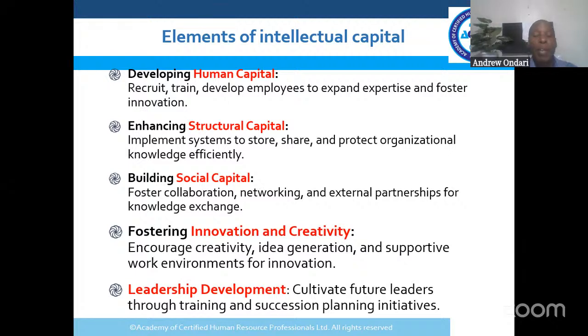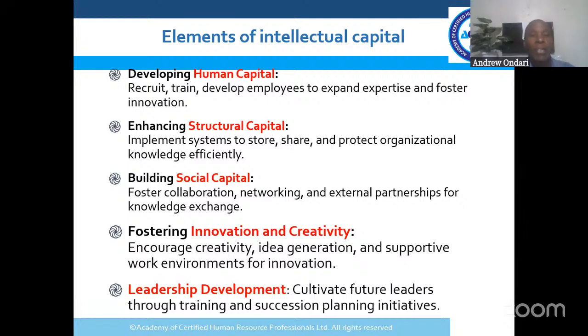People who are innovative generate new ideas or new products or develop new systems, which can either cut cost, improve operational efficiency, or generate profits for the organization. And that's where the impact comes in: intellectual capital impact based on creativity and innovation.